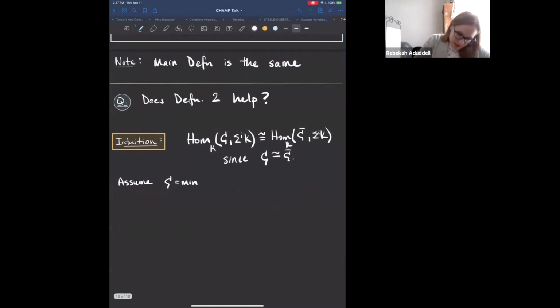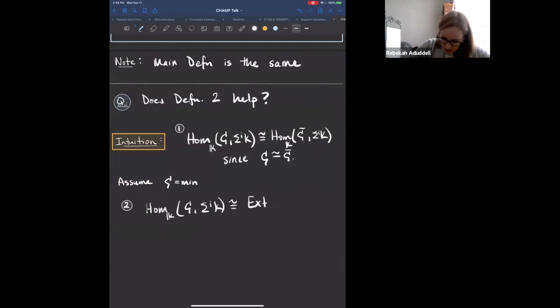So this was the first note. The next thing to note is that we have this isomorphism here, where this is isomorphic to the Tate Ext of the image of the zeroth differential on C and little k.